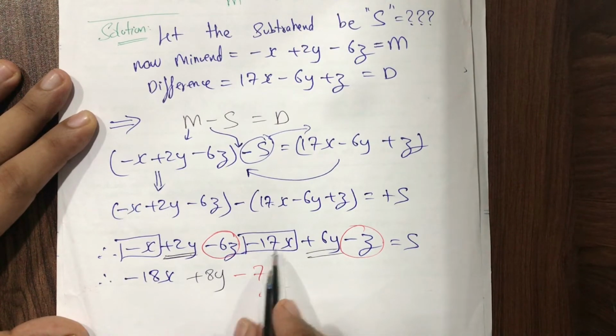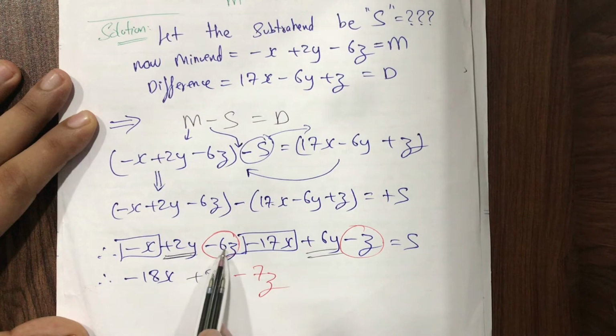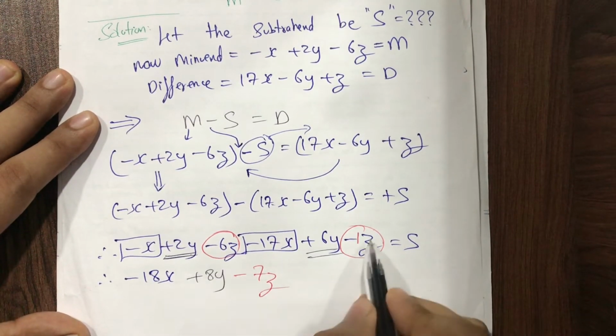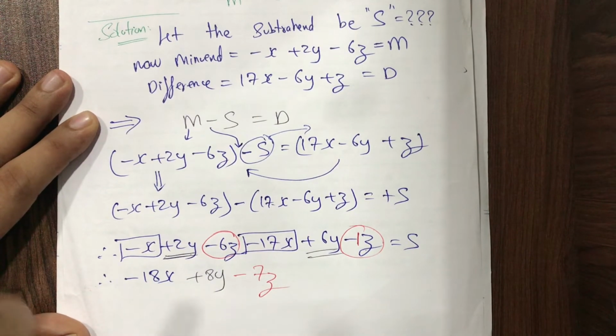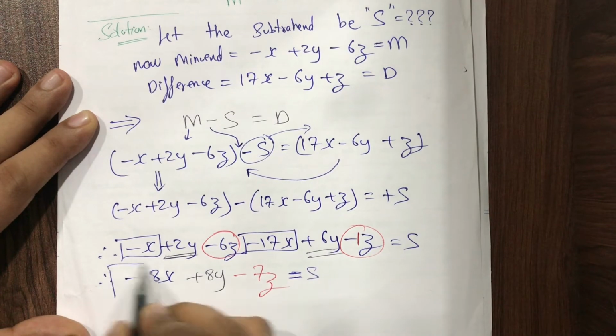Minus x, minus 17x, minus 18x, plus 2y, plus 6y, plus 8y, minus 6z, minus 1z. If nothing is mentioned, it means it's 1. So minus 6 minus 1 is minus 7z. Is equal to capital S. That's it, students.